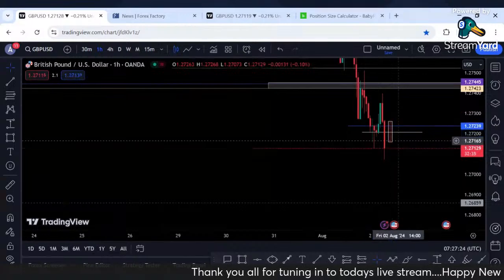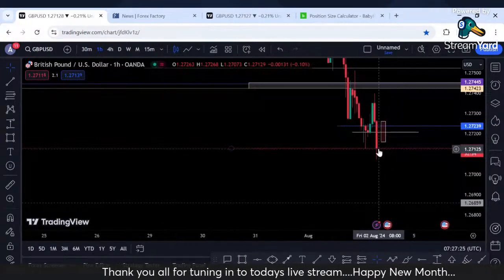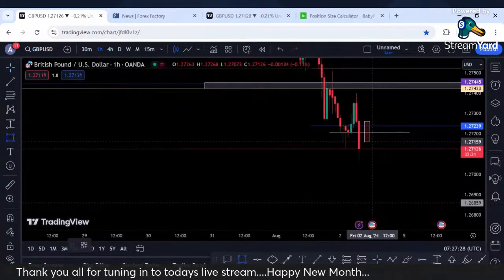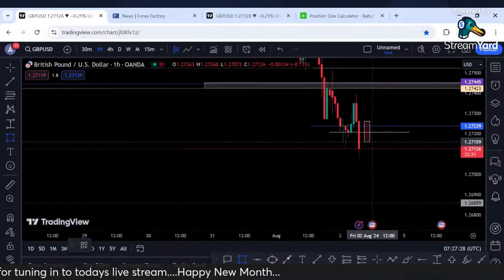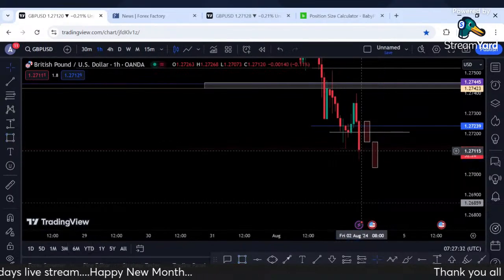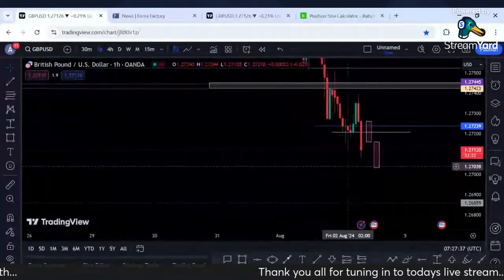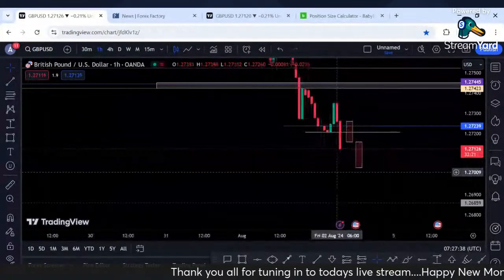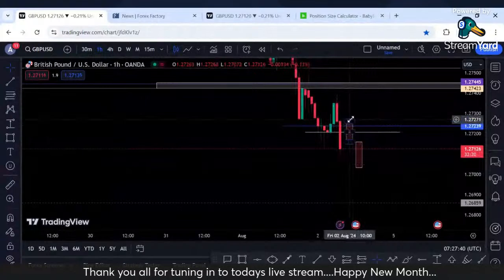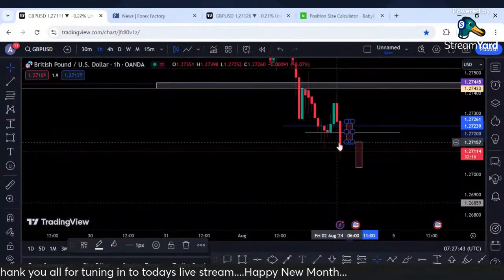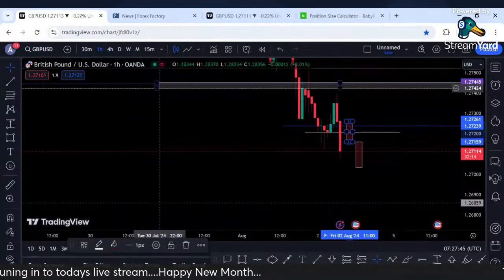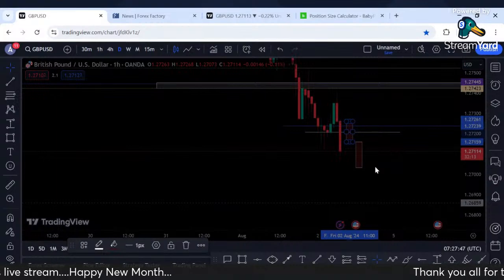If the candle closed like this, you could have taken the sell over here. But the way it closed over here, I don't really like it. I didn't like it.